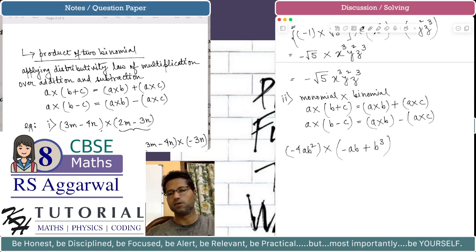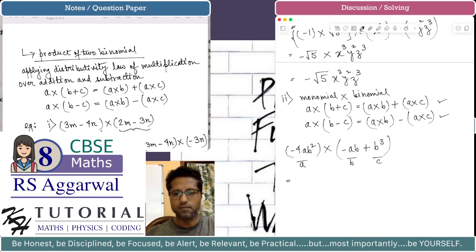So minus ab plus b cube is a binomial, it has two terms. The first term is minus ab and the second term is b cube. With reference to these two properties of distributivity of multiplication over addition and subtraction, consider the minus 4ab square, that is a monomial, as the a, and the binomial is minus ab plus b cube, so we can consider this as b and this as c.